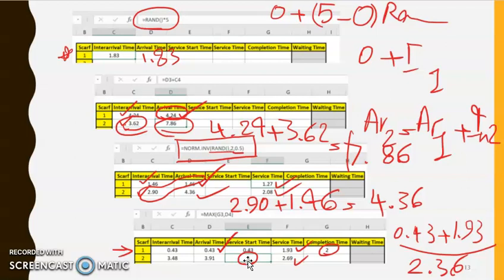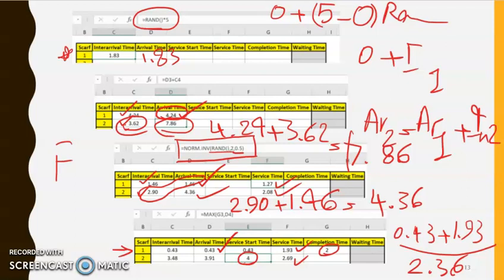What is that consideration? We should say it in this way. If there is a customer in the system when the second customer enters, the customer must wait until the other customer is done. So the completion time F is used to calculate the service start time.